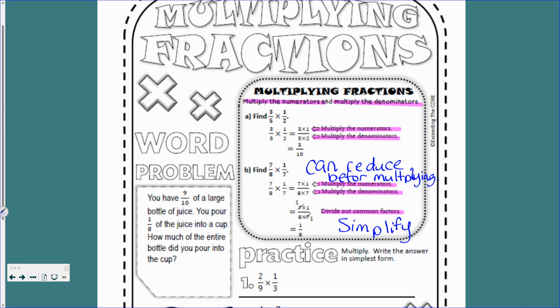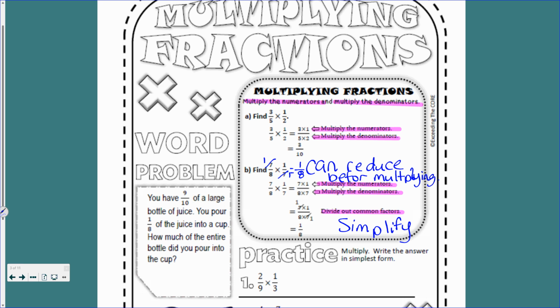So, for example, the problem they gave you on B, both of the 7s can be divided by 7, so they can just turn into 1. So when you solve it, you just have 1/8. And they showed you that and they went down. Any questions about that?